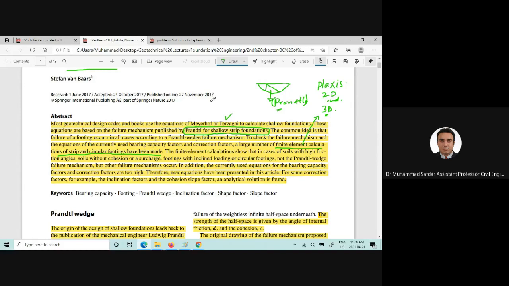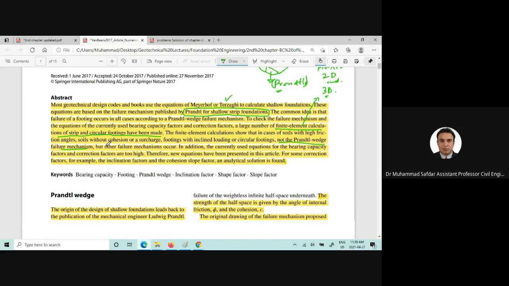To check that, FEM software is available, and we can check the bearing capacities, the different bearing capacity factors, correction factors, inclination factors, and slope factors as well. If we do that, the researchers noticed that the Prandtl wedge failure mechanism was not occurring.